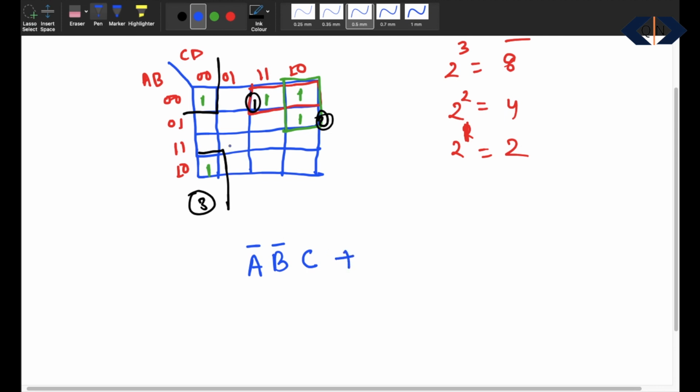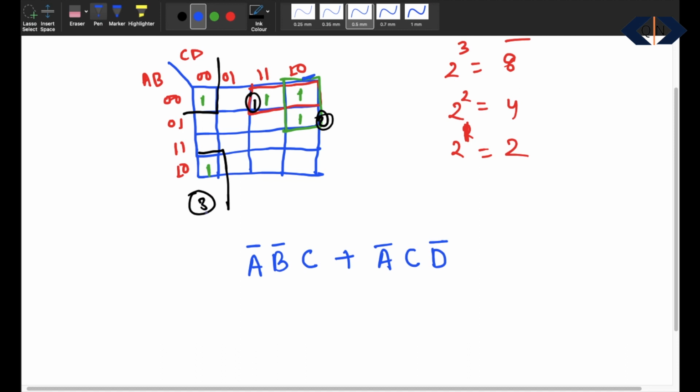Now let's look at the second group. In the second group, 10 is constant in both, which means CD, where C is C and D is 0, so D bar. On this side, A is constant and B is changing, but since the constant is 0, it will be A bar.